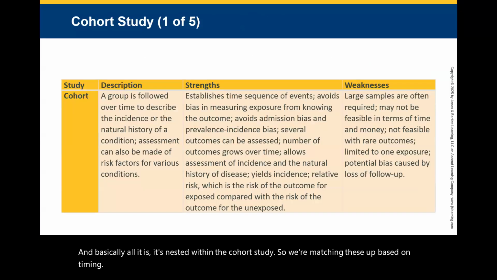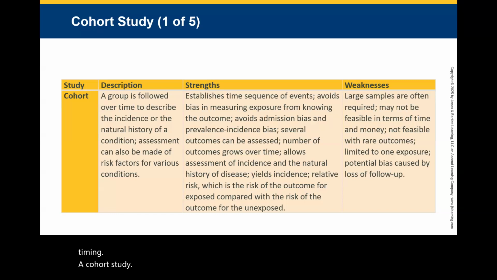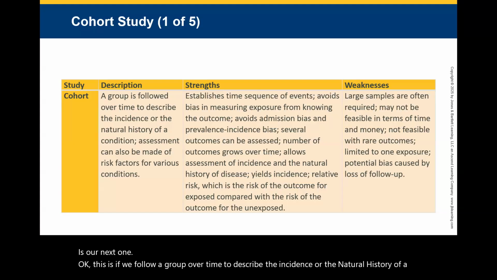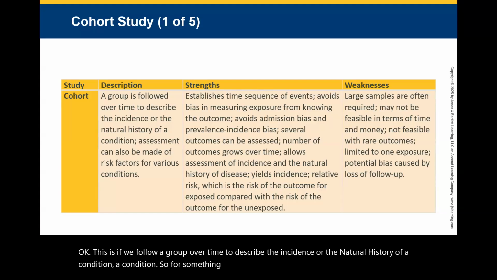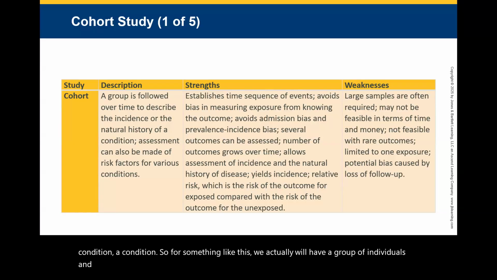A cohort study is our next one. This is if we follow a group over time to describe the incidence or the natural history of a condition. So for something like this, we actually will have a group of individuals and we will follow them over years.